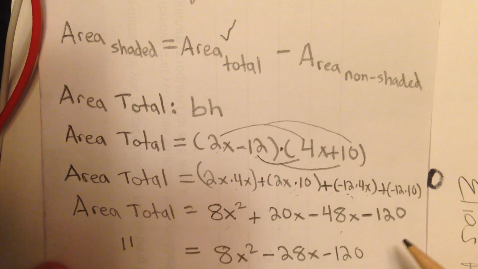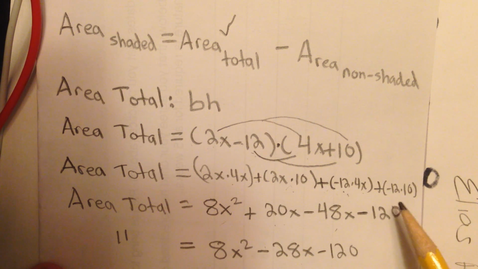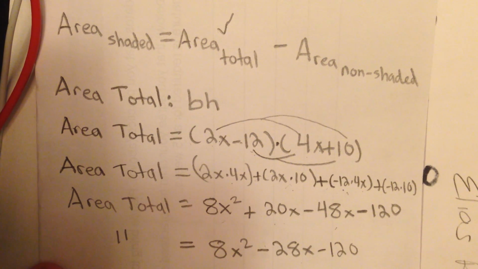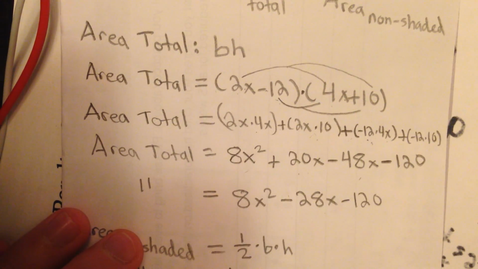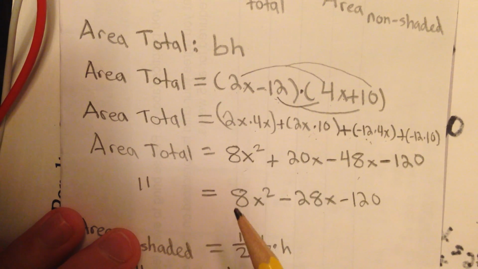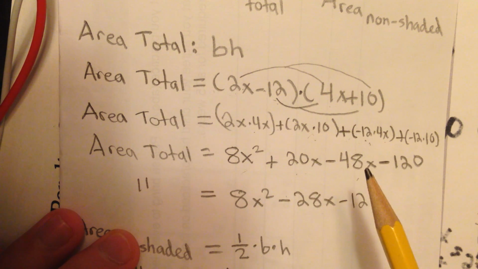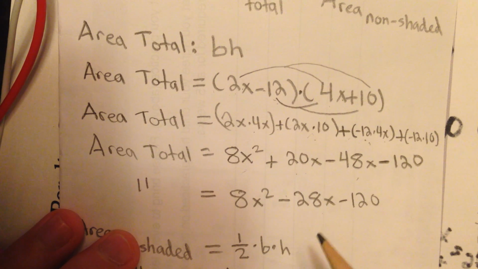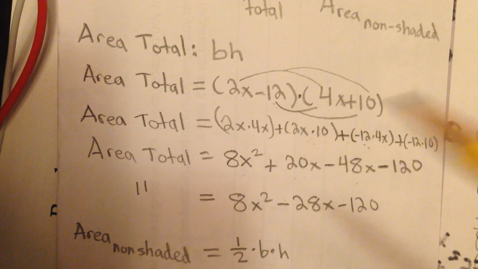Then negative 12 times 10 is negative 120, so we're just subtracting 120. Now we're simplifying, finding like terms: 20x and negative 48x simplify to negative 28x. Great, so we've finally solved the area of the total figure.